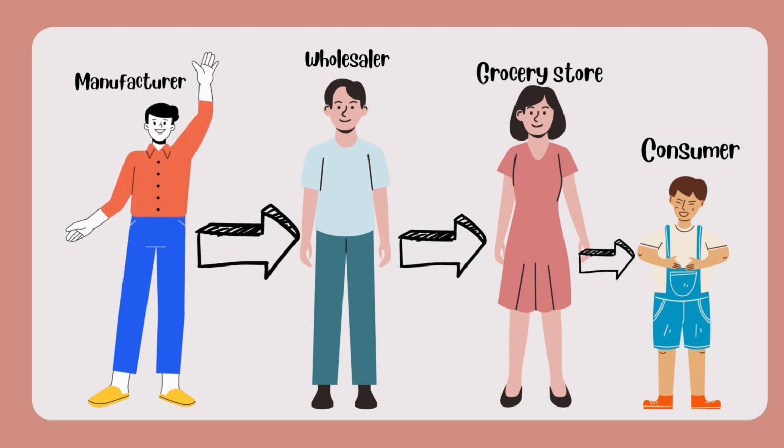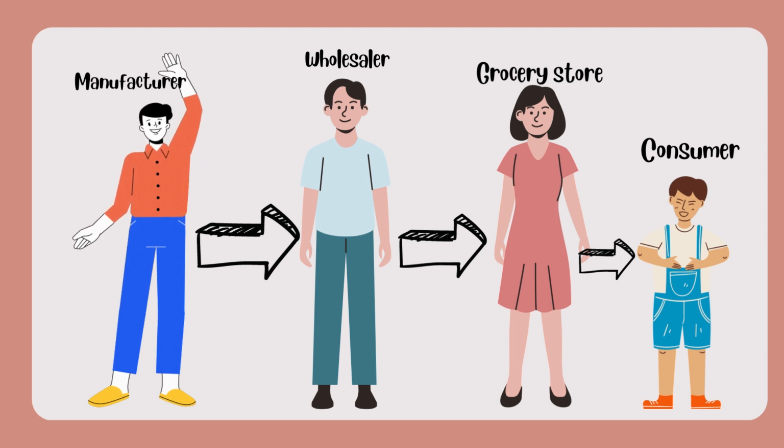When the manufacturer sells it to the wholesaler, the chips packet value increases to 150 and the GST to 18 rupees, which is calculated as 150 into 12%. The total becomes 168 rupees. Now finally, the grocery store sells it to you for 200 and GST at 24 rupees, which is 12% of 200. And the total for your giant chips packet is 224 rupees.